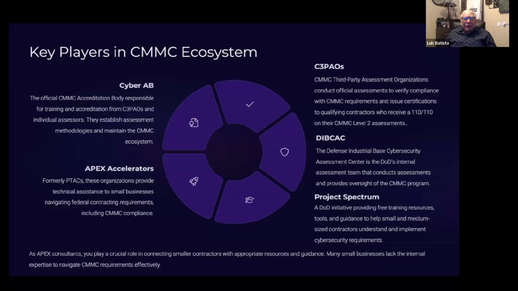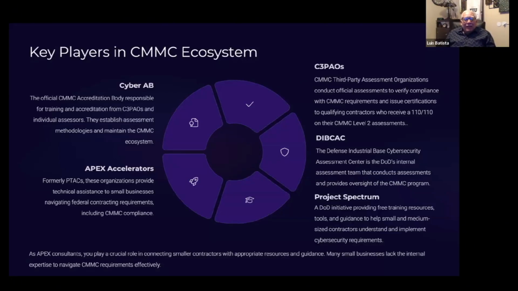There's 500 of us in APEX Accelerators nationwide, 12 in Florida, and there's only one Project Spectrum, and I don't believe they have, this is a personal opinion, the number of consultants they need for all of us to just point the finger to them. That's not enough. Not to mention the resources that they have are, in my opinion, not so much for the client or APEX consultant looking to learn how this works.